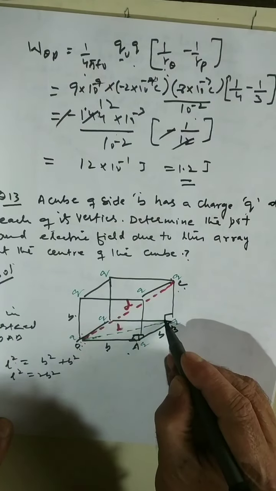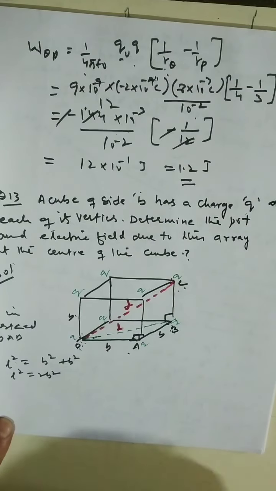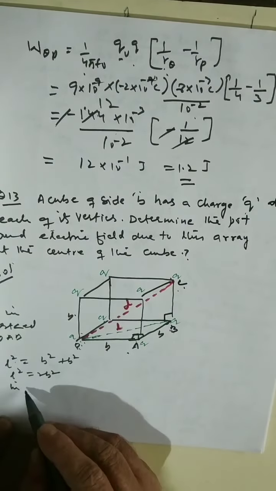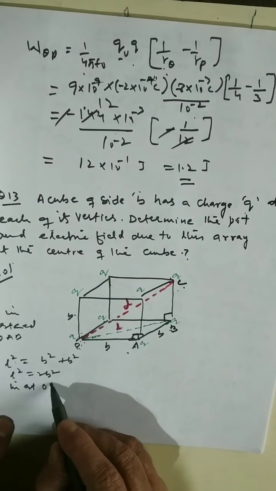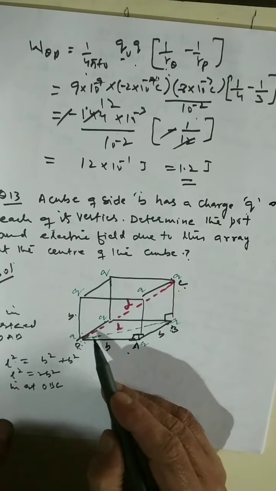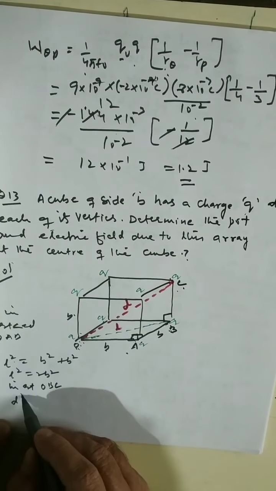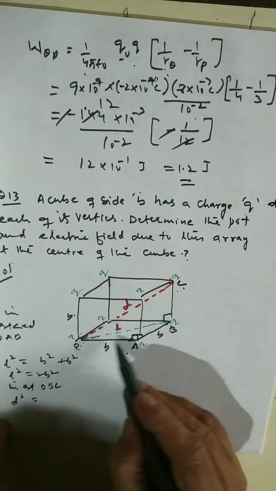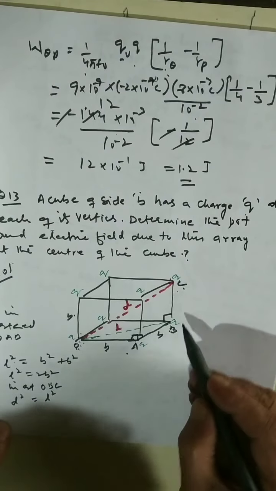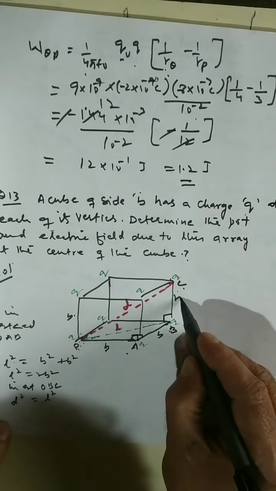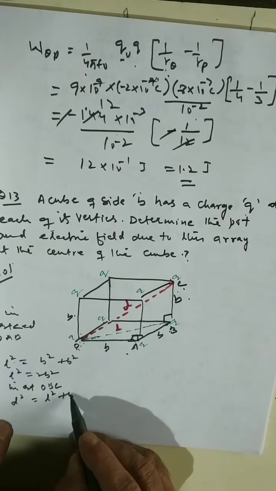Okay. Now in triangle OBC, right angle triangle OBC, hypotenuse square, that is this D square, is equal to base square, this is its base, that is L square, plus perpendicular square, that is this, since this side is also B, that is B square.